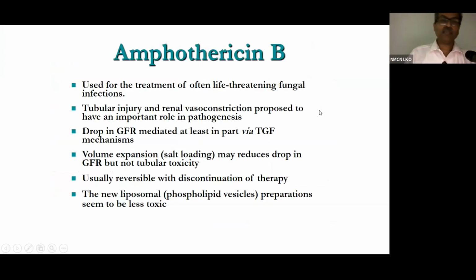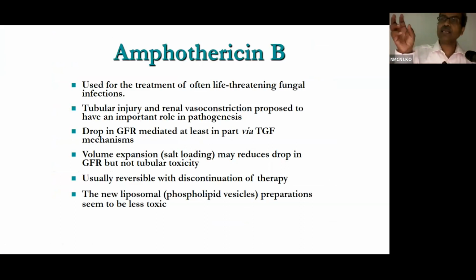So amphotericin B is an antifungal antibiotic that we all understand. Conventional amphotericin is nephrotoxic, liposomal is usually relatively safe. Not only does this cause some nephrotoxicity and acute tubular injury, among the many other mechanisms, two are important.